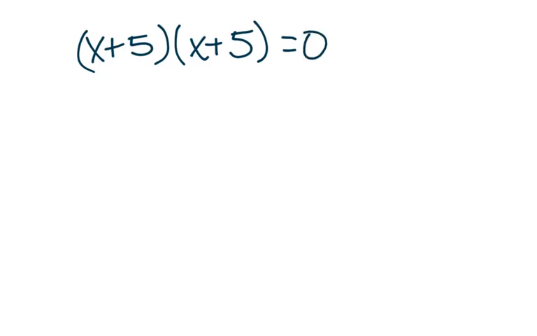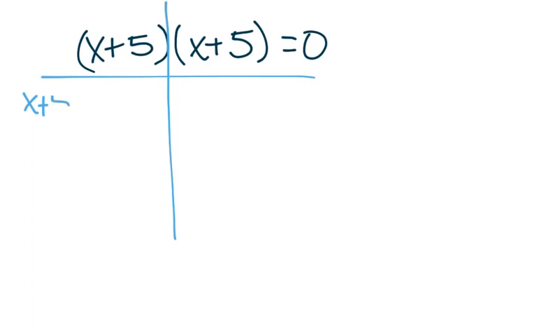What I like to do is split it up, because you need to set each of these equal to 0. I oftentimes will use arrows, but one way that has been found to be really nice is to make a column. Two separate columns, divided into two different problems now. So x plus 5 equals 0 and x plus 5 equals 0.